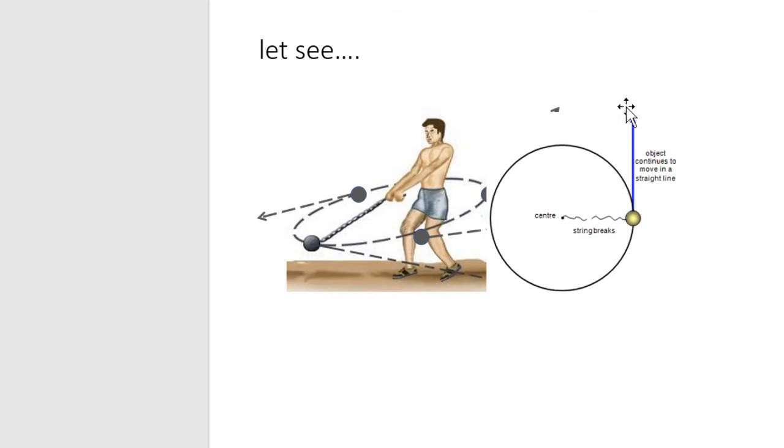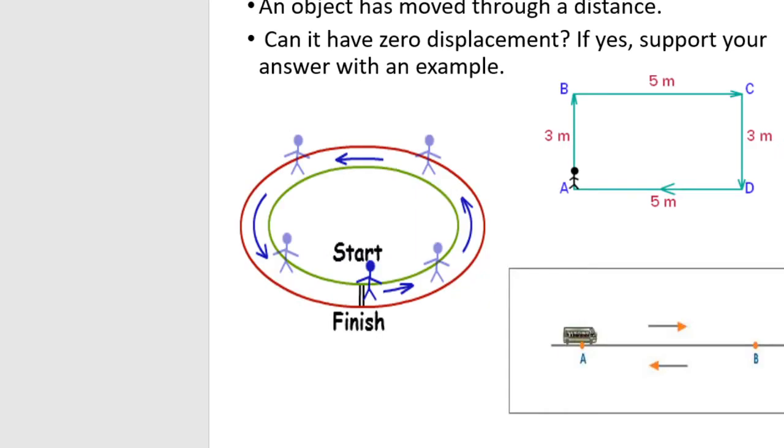The acceleration is going to be perpendicular to the velocity, towards the center. The acceleration will have a constant value, but it will have a different direction, so this is very important. So this is one example of how the acceleration can be uniform, but still the velocity can be different, right?